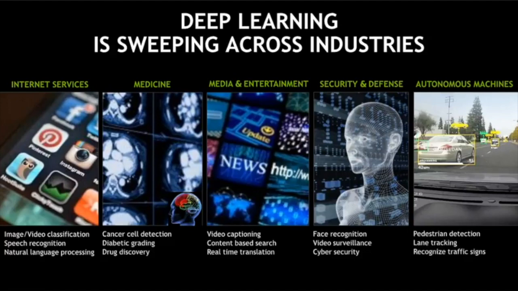Another area, and the last one, is the autonomous machines. You did see a lot of upcoming announcements recently, like all the autonomous cars and driving would not be possible without this technology.